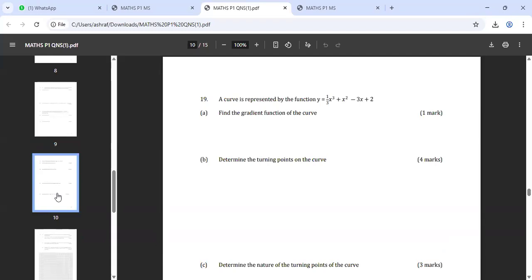Number 19. So number 19, we are given the what? The equation of a curve. Then find the gradient function of the curve. Let's find the gradient function.